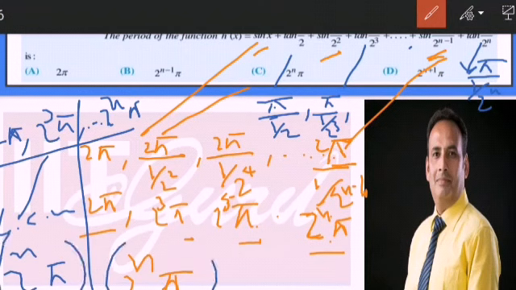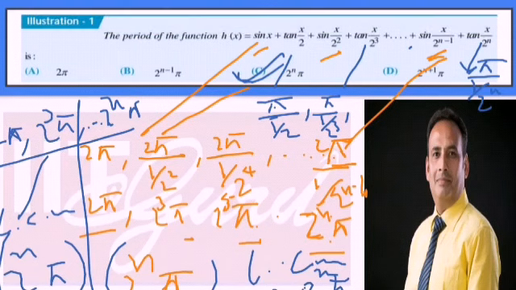So the period of this, taking the LCM, is 2 to the power n pi once again. So finally you have to take the LCM of this one. So what is the LCM? The final answer will be 2 to the power n pi, that is, option C is correct. Let's see, this is your final answer.